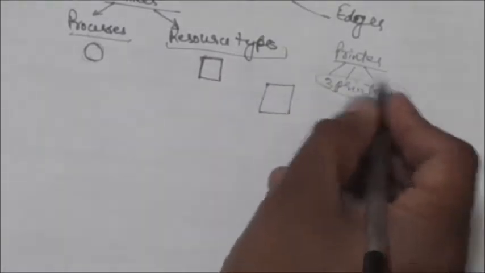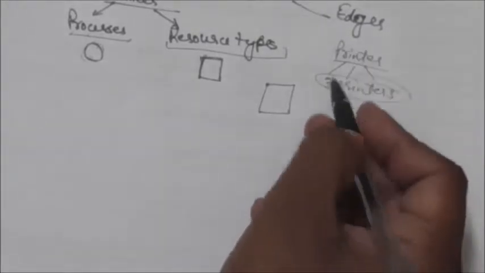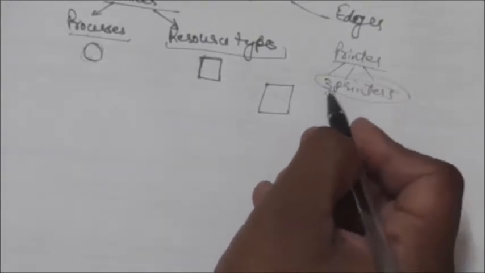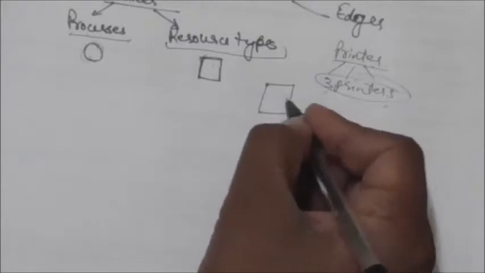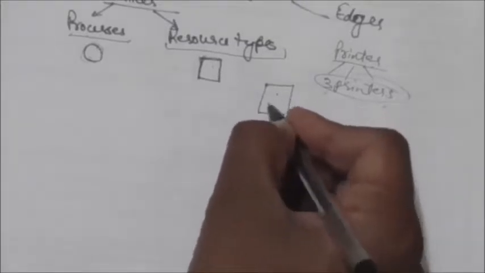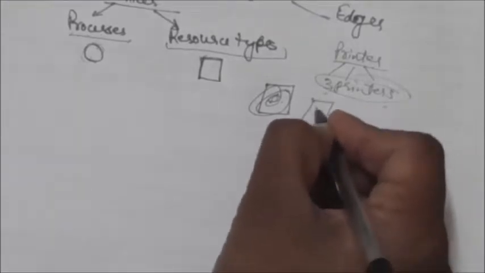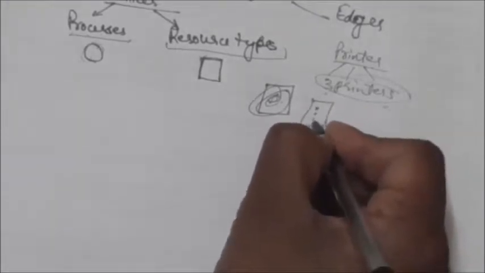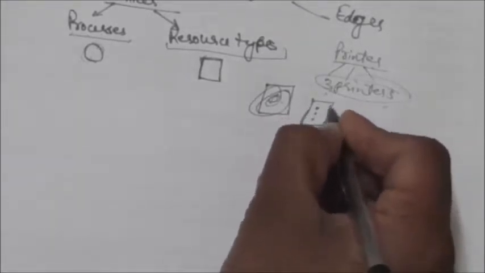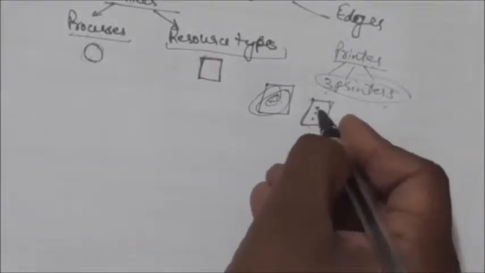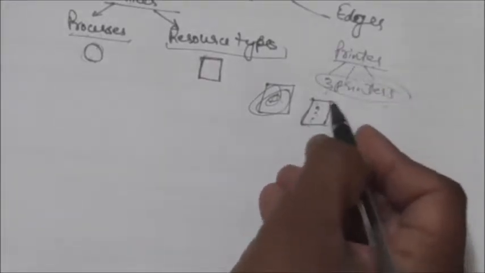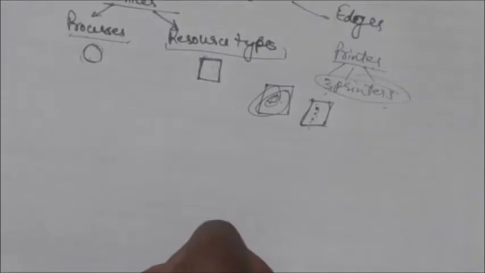Now how will we represent that there are three instances of printer? It means there are three printers. To represent this, we will make three dots in the rectangle. So it represents that there are three instances of this resource type printer.